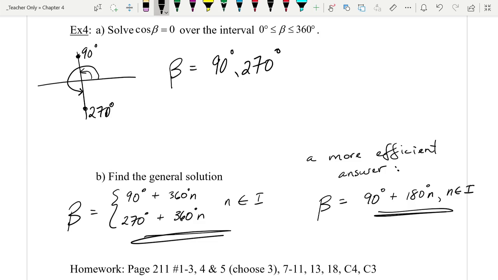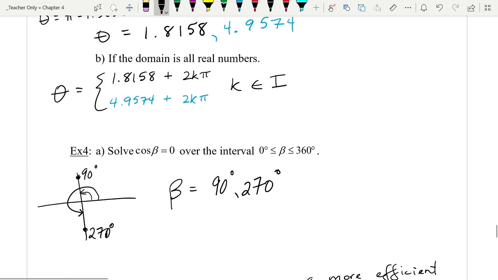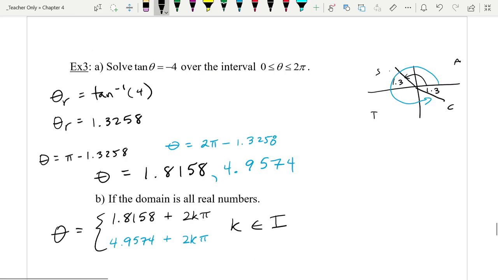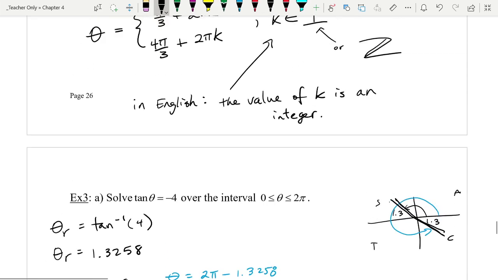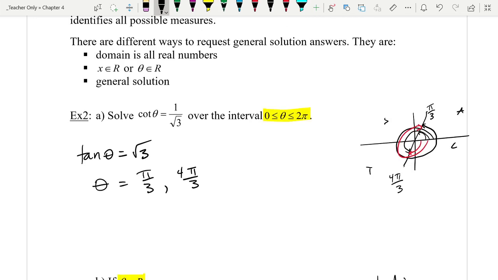Now, can you always take the two answers and simplify them to one? No. Notice on the last one especially, right? These two guys here, actually on this one you kind of could, because this was a straight line. These ones were 180 apart. But go back to the previous one, and you would not be able to, because this is not a 180 degree or a pi difference.